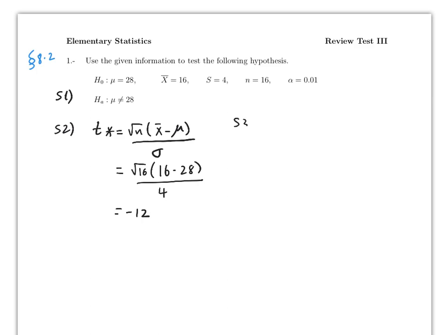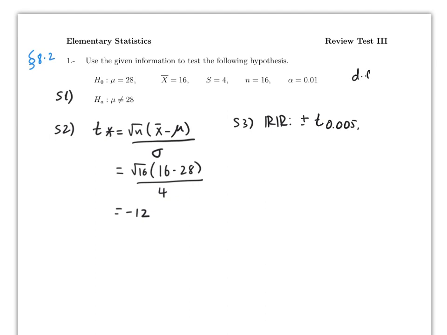Then step 3, you need to find the rejection region. Remember that this is a two-tailed test, so alpha has to be divided by 2. Since we're using T, the rejection region is going to involve T. So the rejection region will be plus or minus T of alpha over 2, which is 0.005.